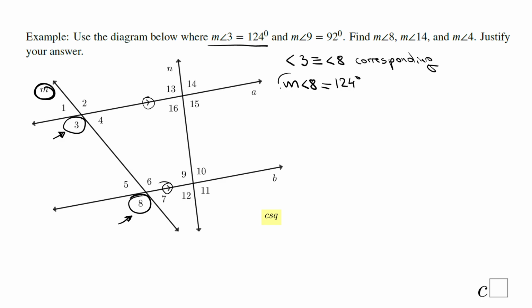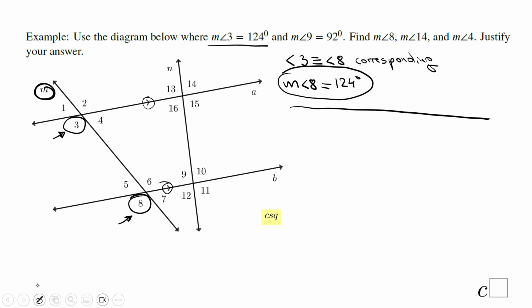I made it shorter here, because they are congruent, they have the same measure. Let's go to the next part, which is the measure of angle 14. So let me erase this guy here, and we're looking now for angle 14.